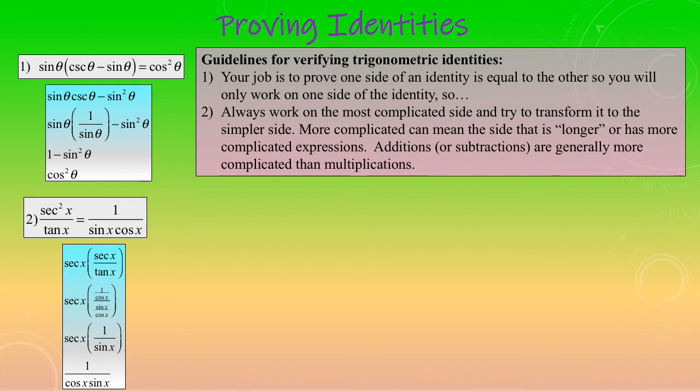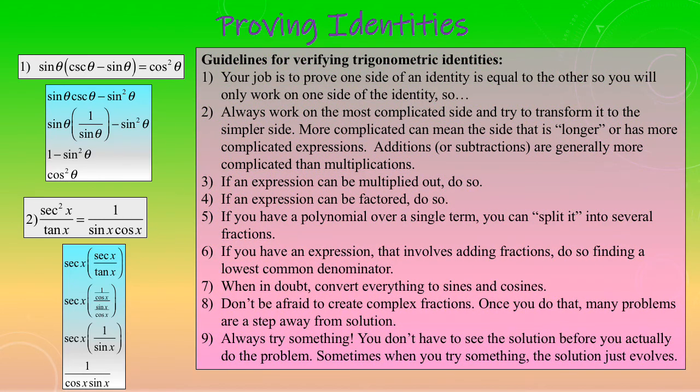What we need to do is come up with some generalizations about how to tackle these problems. Here are some generalizations that you can use to verify trig identities. Some will work on certain problems, others will work on other problems. Number 3, if an expression can be multiplied out, then do so. We saw that on problem number 1.